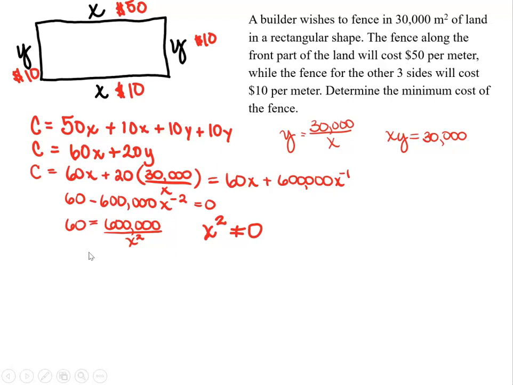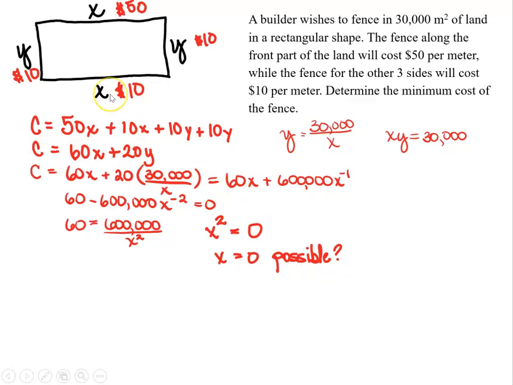So my derivative doesn't exist where I have a domain issue, where I have a fraction or a radical. So for this one, I have a fraction. And remember that when you have a fraction, you're going to say your denominator cannot equal 0. So that would mean that x cannot equal 0. Okay, well, is that even a possibility for this problem?